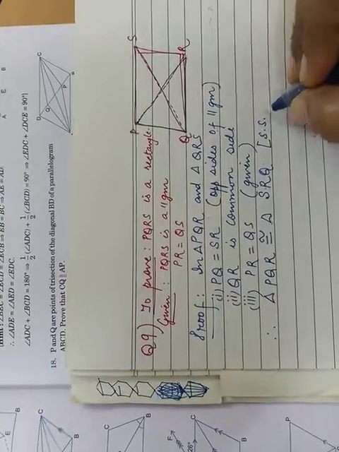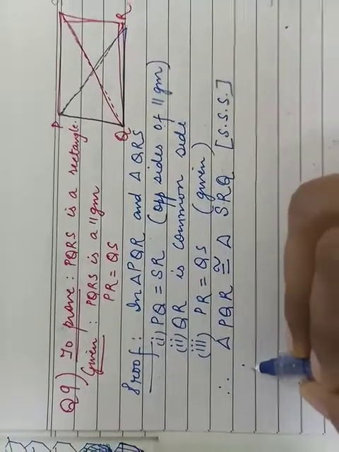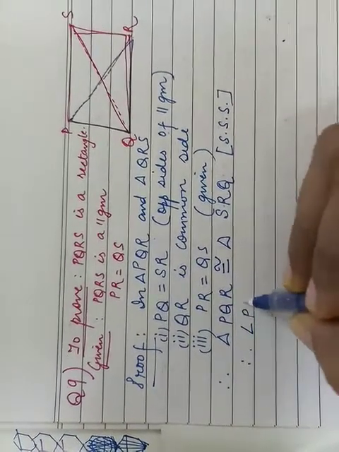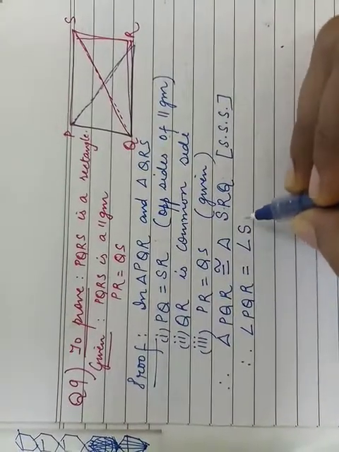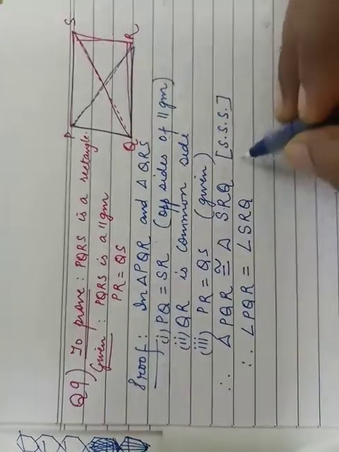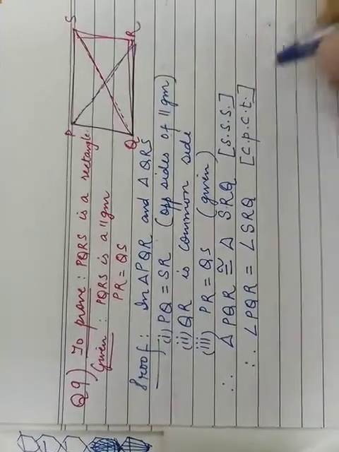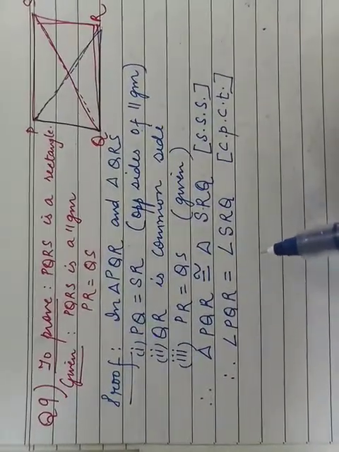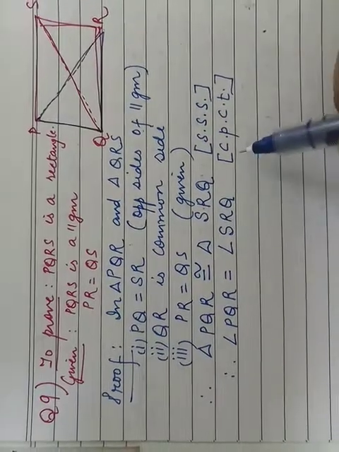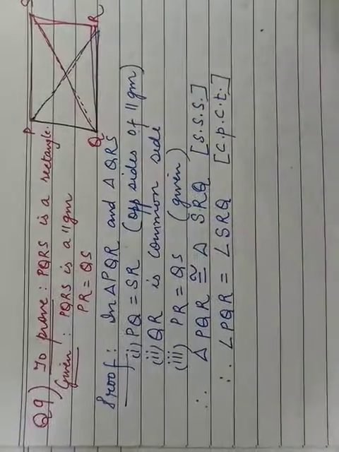Under which criterion are they congruent? That is SSS. The moment the two triangles are congruent, the remaining parts will become equal. Therefore, angle PQR is equal to angle SRQ. Reason: CPCT. We learned that if three elements of a triangle are equal, then the remaining three elements also become equal. So what do we say to it? Corresponding parts of congruent triangles.